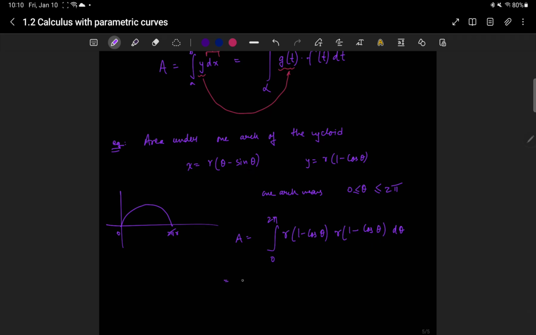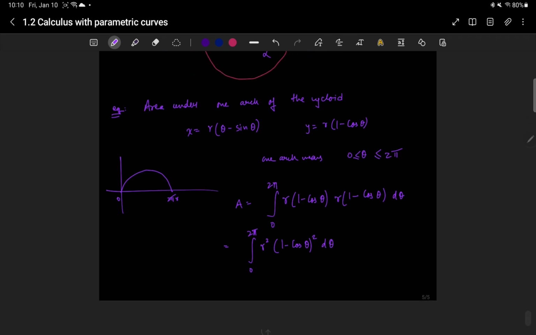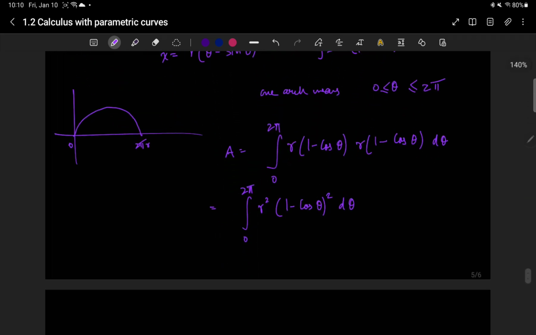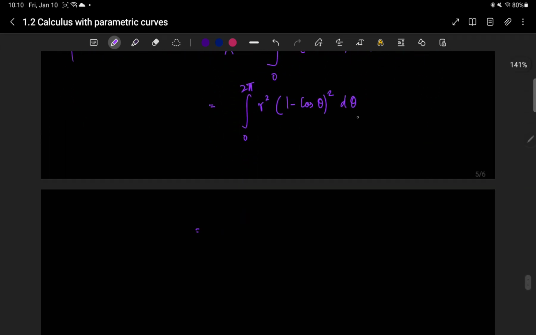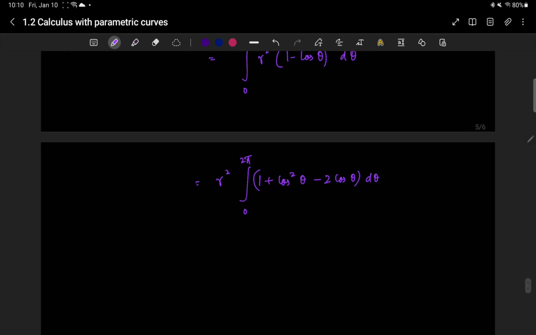So this becomes the integral from 0 to 2 pi of r squared (1 minus cosine theta) squared d theta. Now r is a constant with respect to this particular variable, which is theta. Expanding this, you get 1 plus cosine squared theta minus 2 cosine theta d theta.